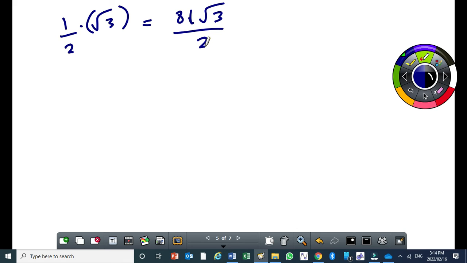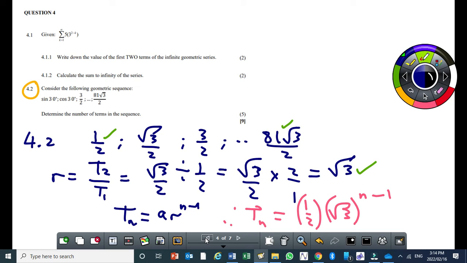Yes, we are replacing this Tn here by what? Because this 81 root 3 over 2 is the last term of the sequence. So if I want to know the number of terms, I just need to know the position of the last term. Remember I told you that the position of the last term in a sequence is also the number of terms of the sequence.